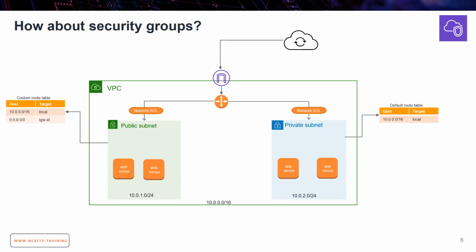And now the private subnet. The private subnet is associated with the default route table, which has only one route, which is the internal route. Okay, there is a route to all the components within the VPC. Make sense?